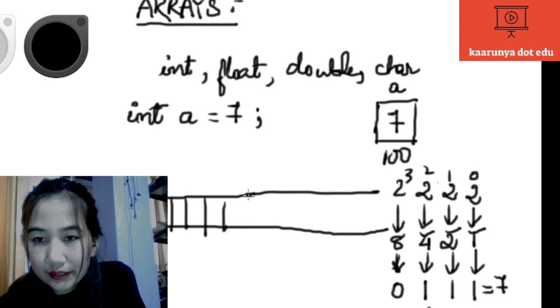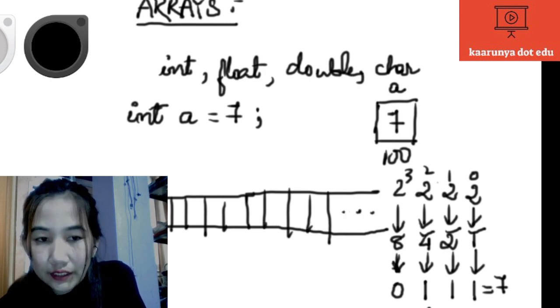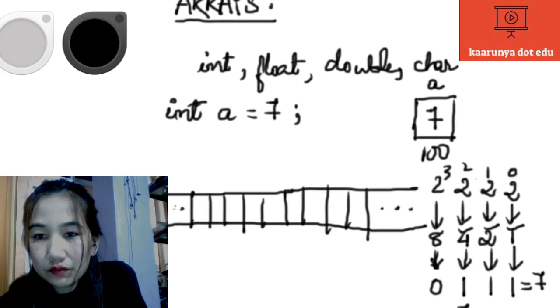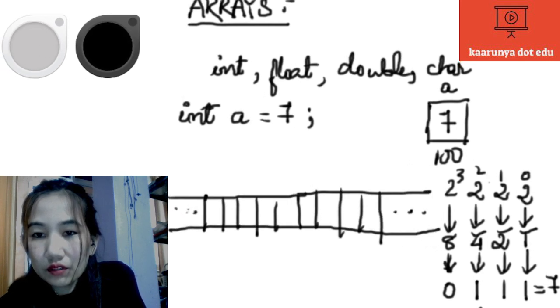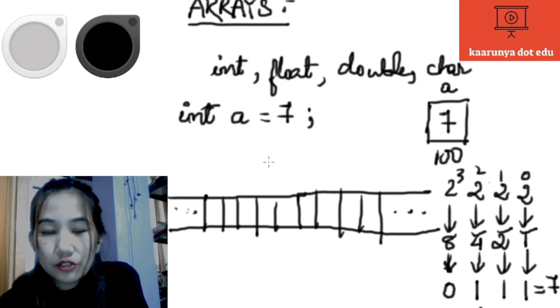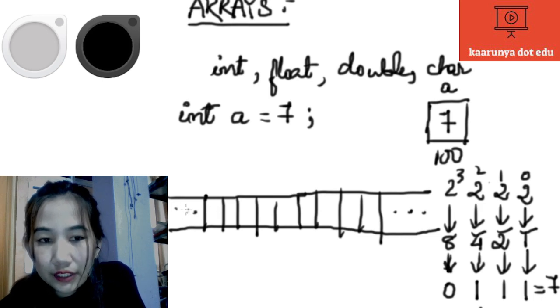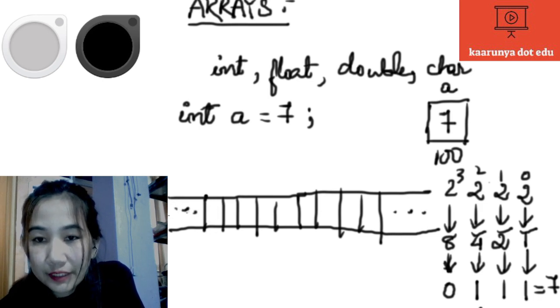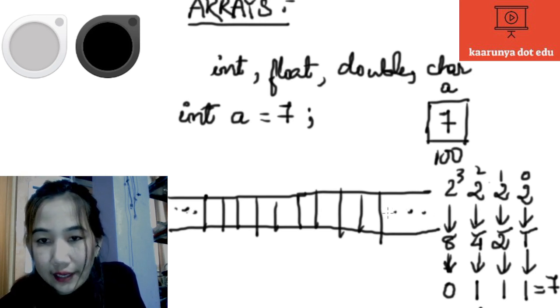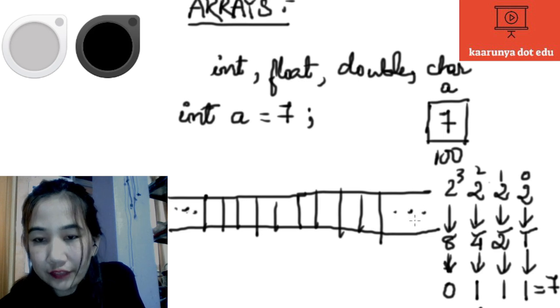I will put 3 dots here, and then another 3 dots here. I have kept it open, and on this other end also there is a tail where I have put 3 dots, which I have kept open.